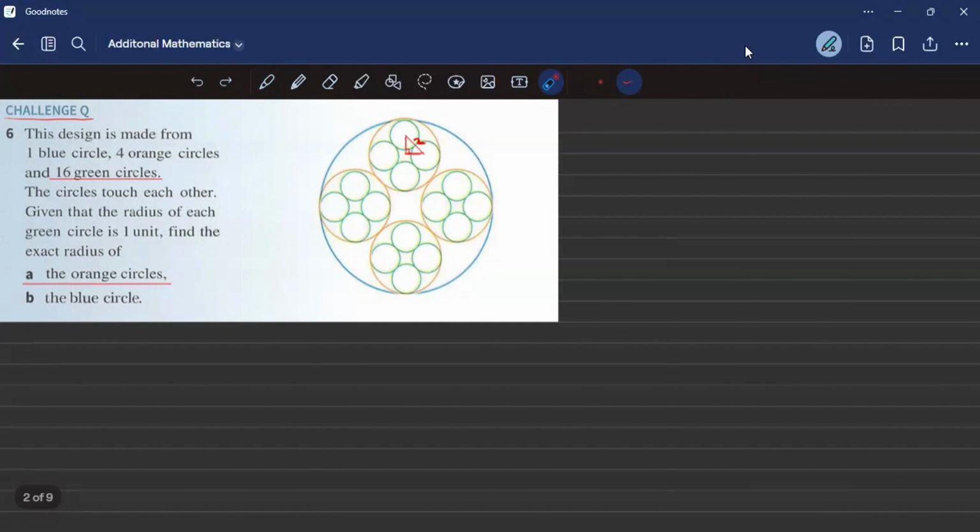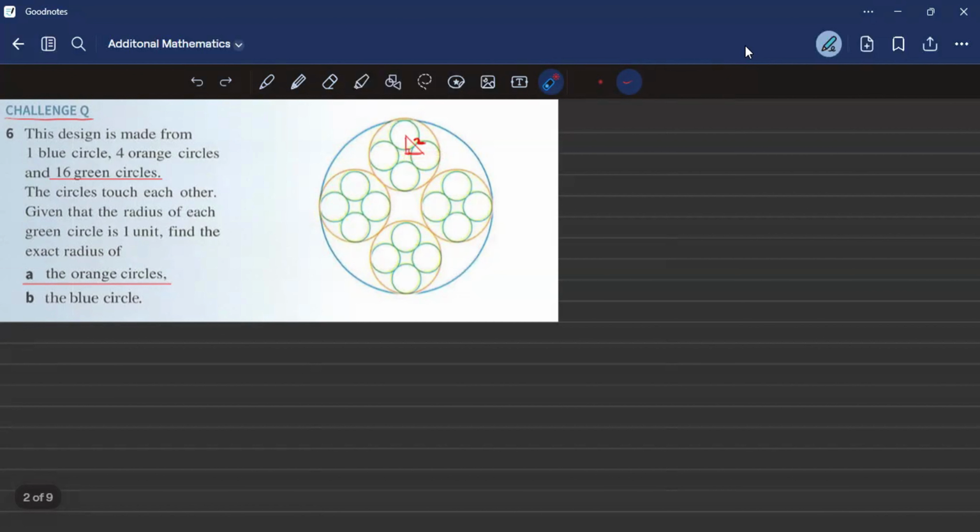So how are we going to find out the radius of the orange circle? Well, the radius of the orange circle is equal to this whole part, which is the base, plus the radius of the green circle again. If we add these two values, we'll get the whole radius of the orange circle.